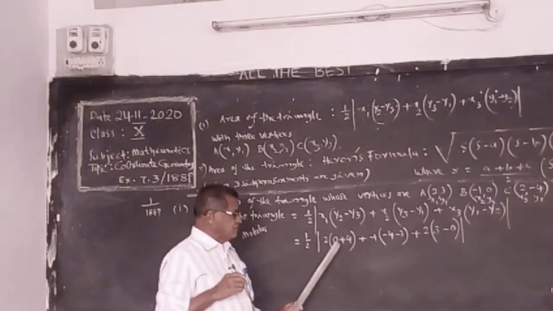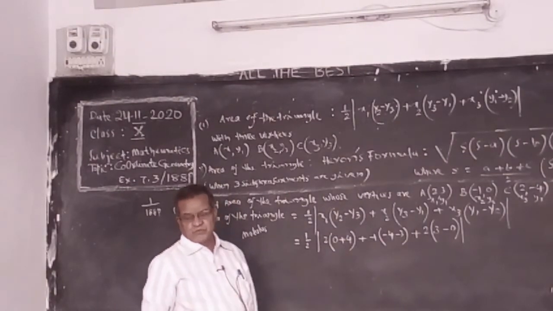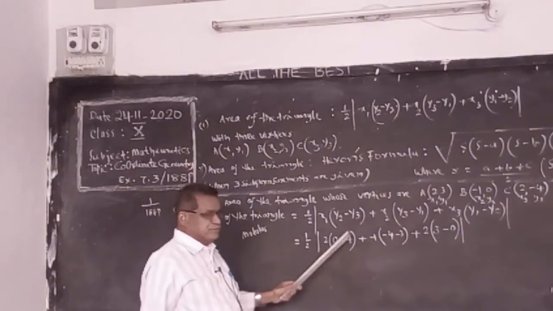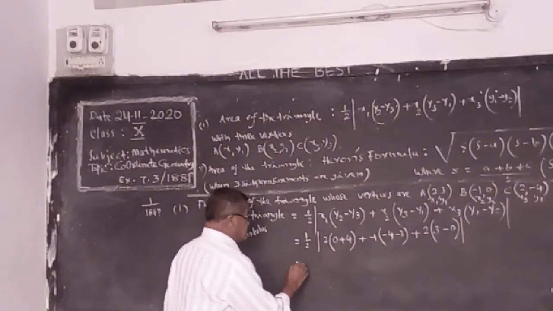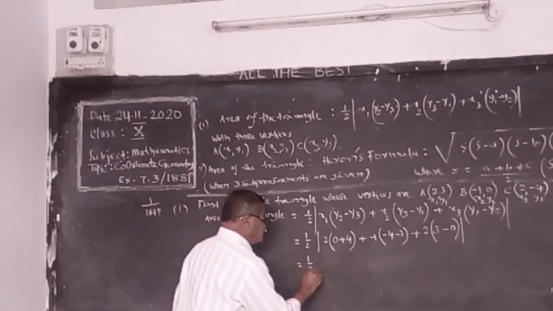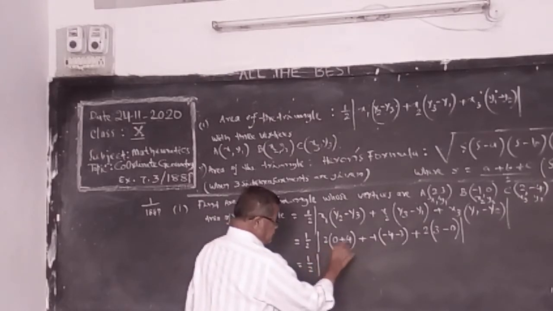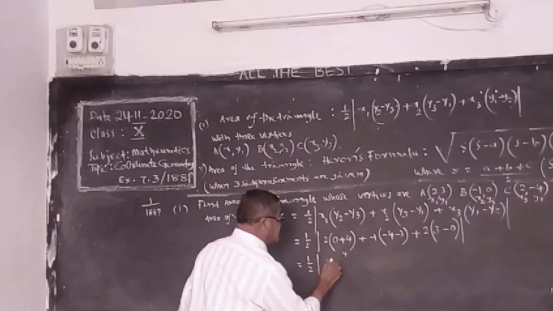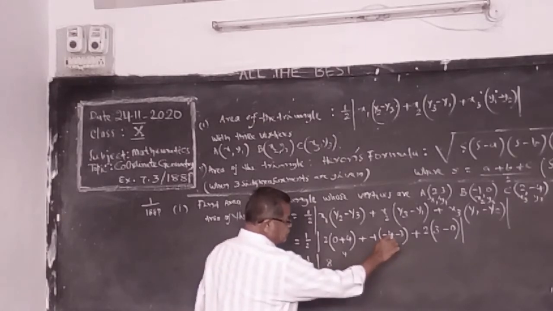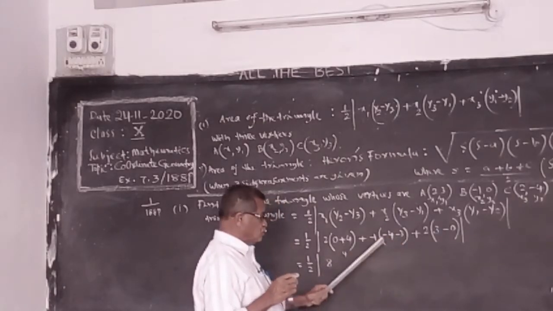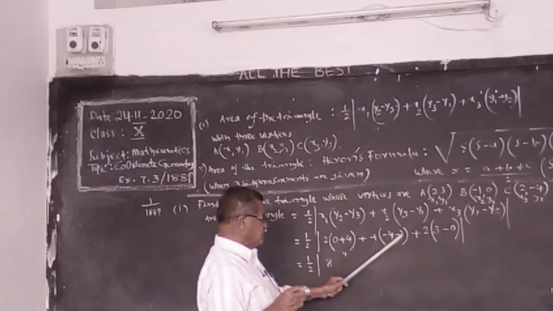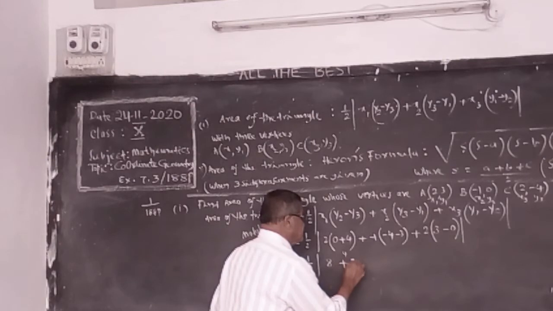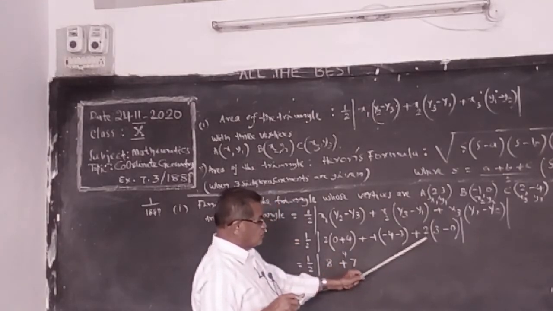In this bracket we get a negative value, but it is taken as positive. So this is half of: 4 plus 0 is 4, 2 into 4 is 8. Minus 4, minus 3. The sum of these two like terms is minus 7. Minus 7 into minus 1 gives plus 7. Second bracket done.